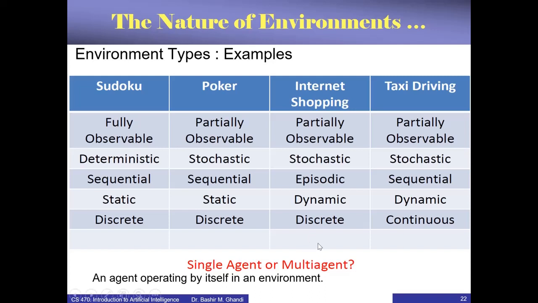There are many agents at any one time trying to do the purchase. Same thing with taxi driving. As we said, even the other cars, even though they are not taxis, they affect the operation of the environment for this particular agent.